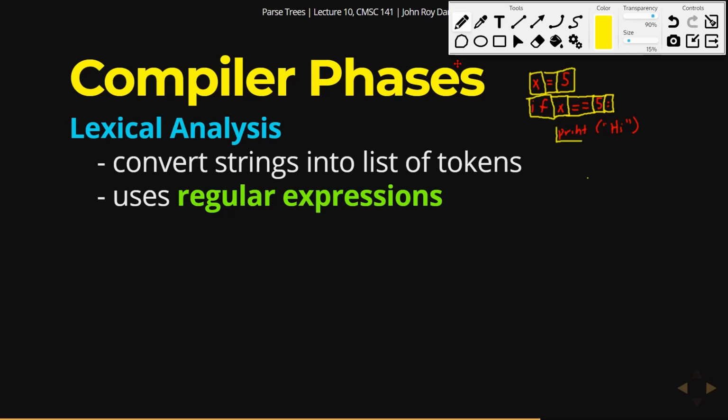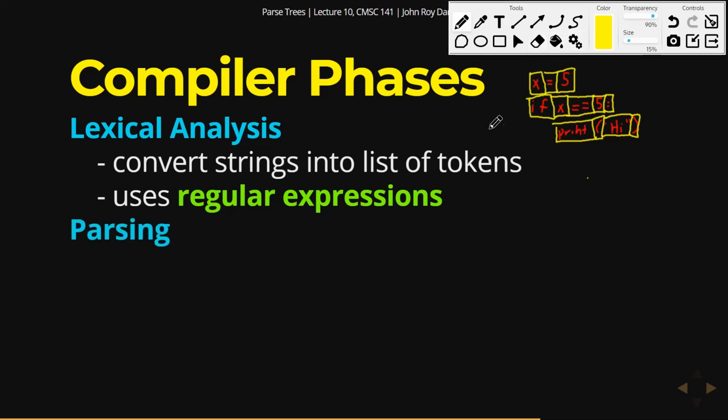Then you have the print statement or function, you have the open parenthesis, you have a string here, and then the close parenthesis. So it breaks your string into a list of tokens, and you use regular expressions for that one. So these are just patterns, right? So remember this from last time.